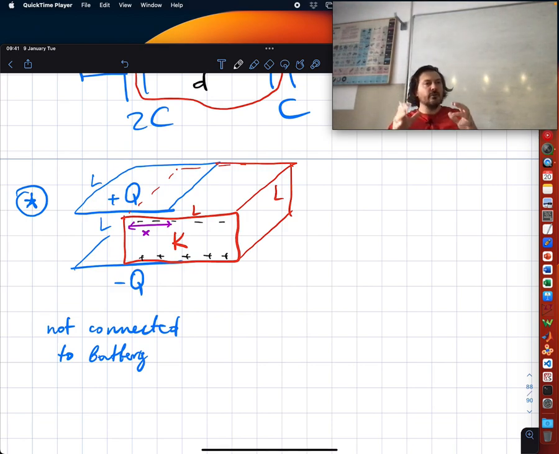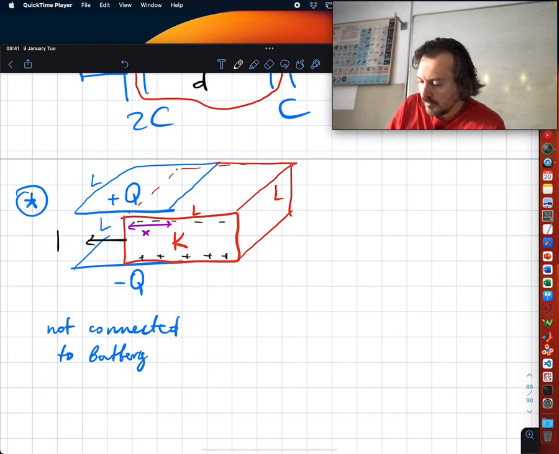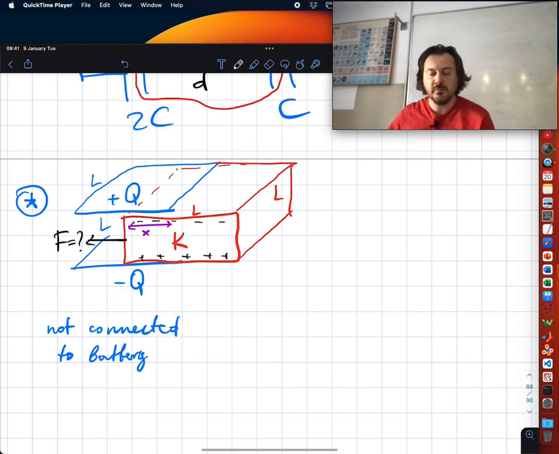Not the very surface, but inside something is happening. So then it pulls it in, right? So let's calculate the force with which it is pulling it in.